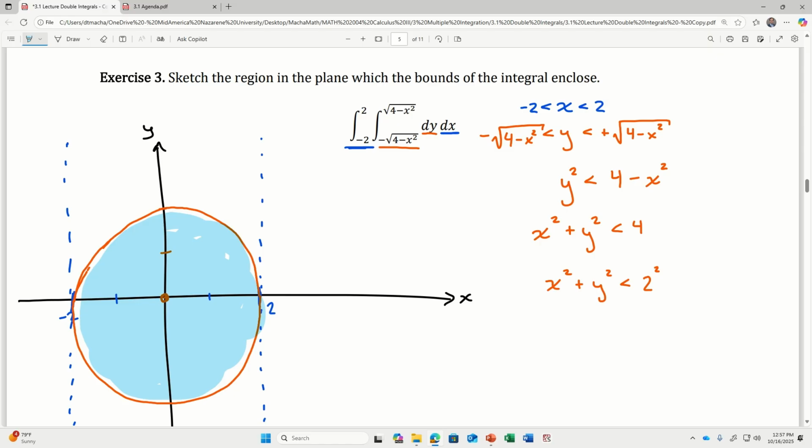Does that sound good? So if I actually sit here and I do this integral, I'm going to get the answer 4 pi. Yeah, you got it. 4 pi, right? Because pi r squared is the area of a circle. And so that integral should give you 4 pi.